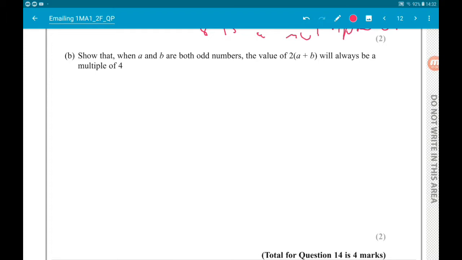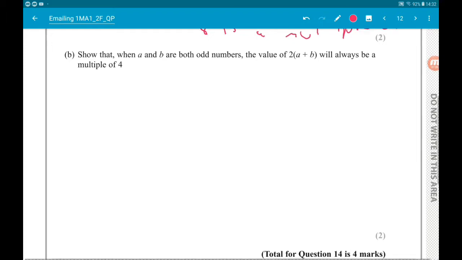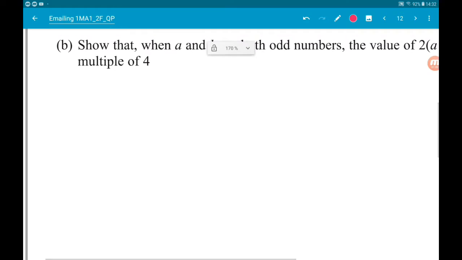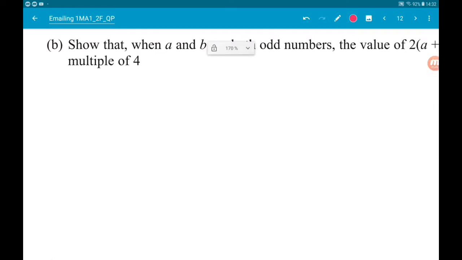I guess maybe what we could say, so we know that an odd add an odd is always even.